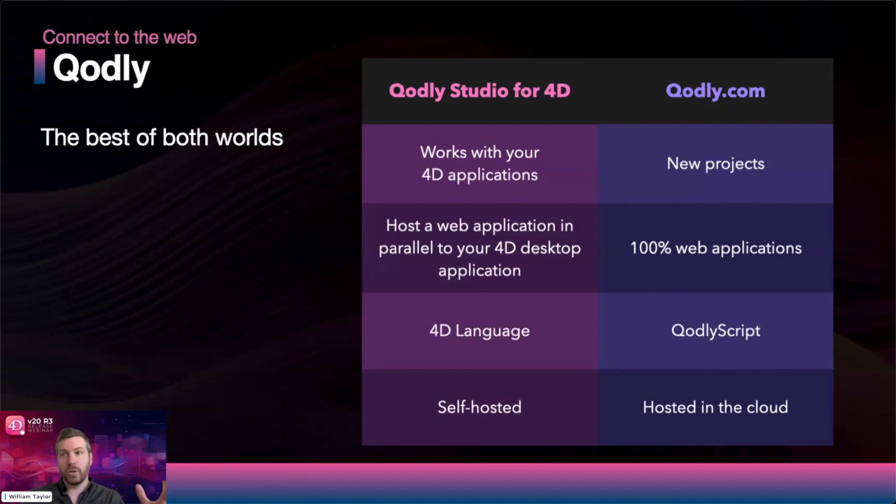Maybe a new use case. Maybe you're opening up a store in the front, and you need a quick inventory lookup web page. Well, that's a great use case, because now from your 4D application, you'd be able to extend into the web using Qodly. I'm sorry if I'm getting mixed up, but I just want to make sure I'm super clear.